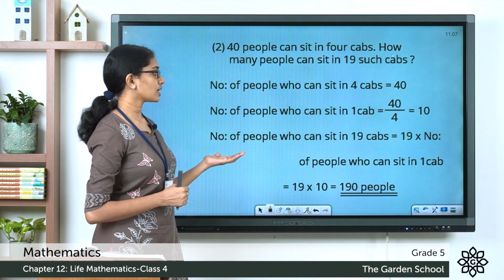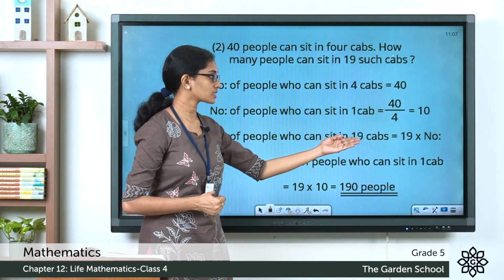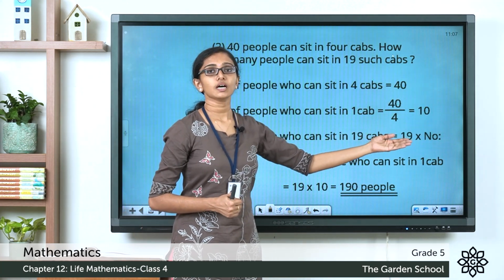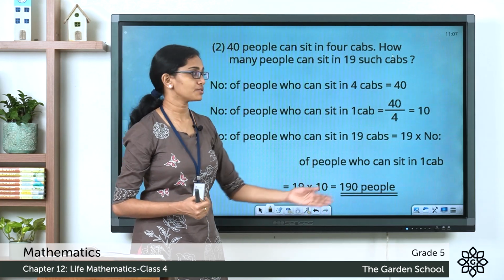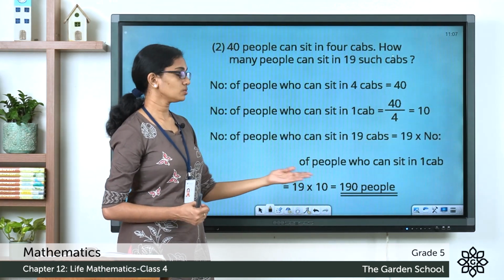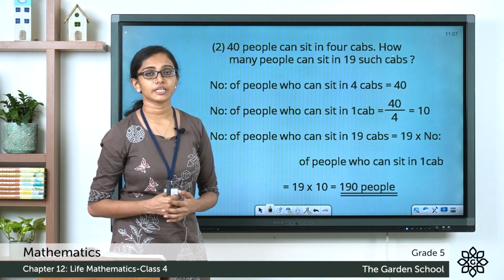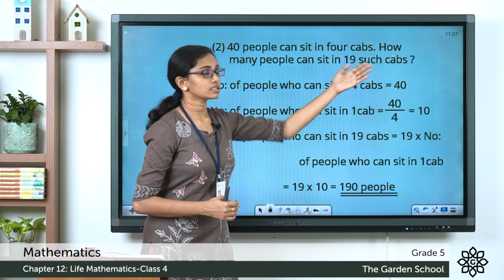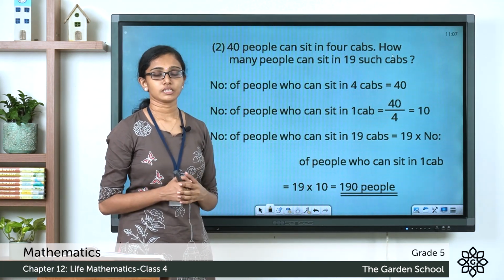Now how do we find out number of people who can sit in 19 cabs? The required number of cabs into the number of people that can be seated in 1 cab. So that is equal to 19 into 10 people and that is equal to a total of 190 people. So in 19 such cabs, a total of 190 people can be seated.